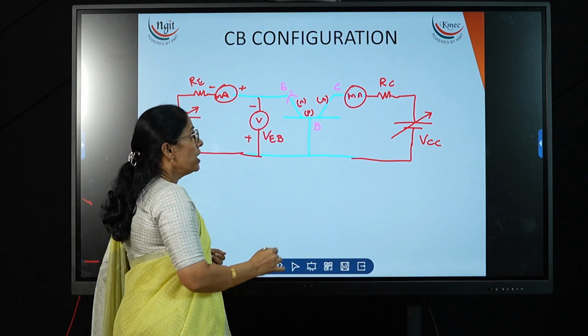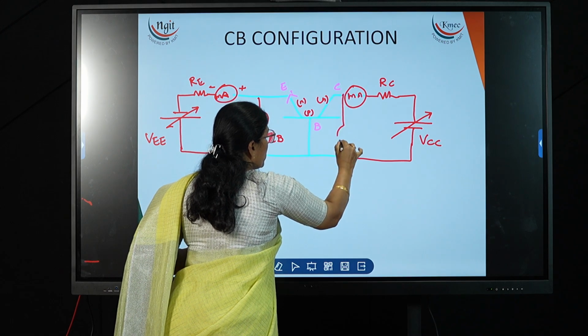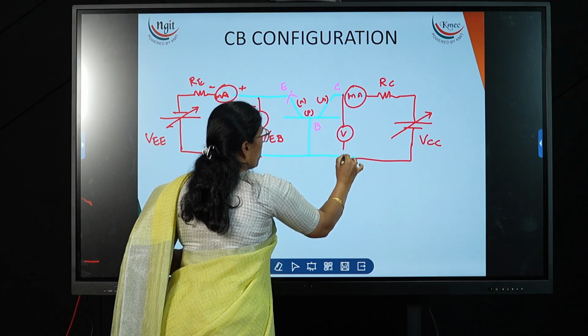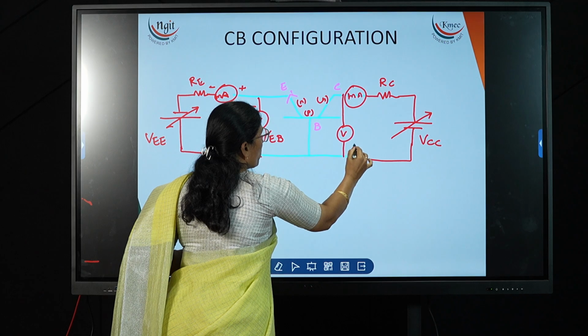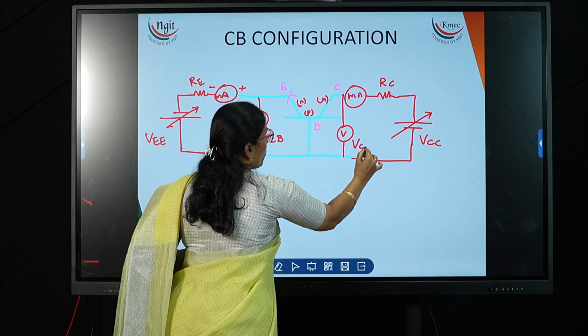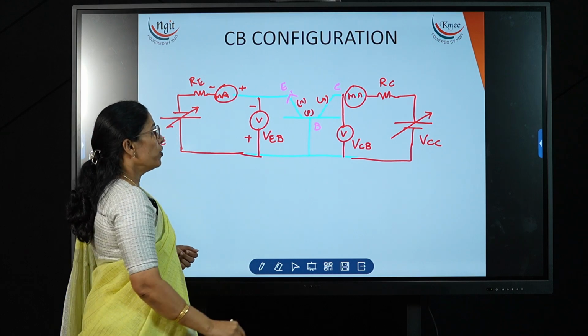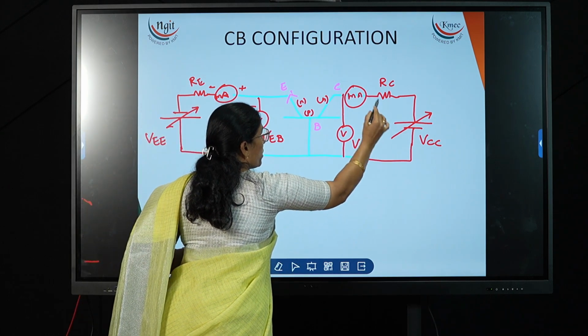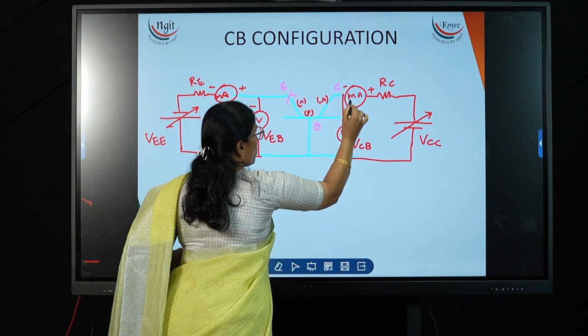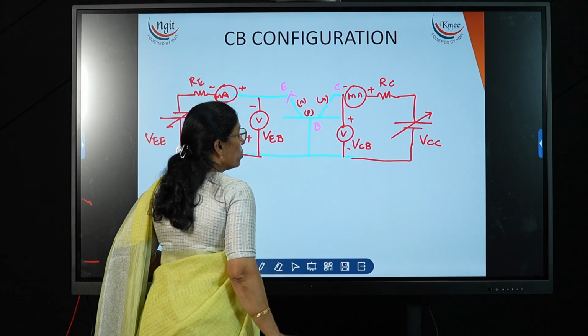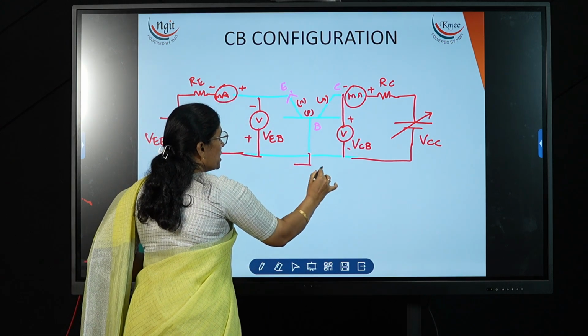To measure the junction voltage between collector and base, one voltmeter is connected, and this parameter we name VCB. Taking the polarities, the positive terminal is connected, and the base is grounded.